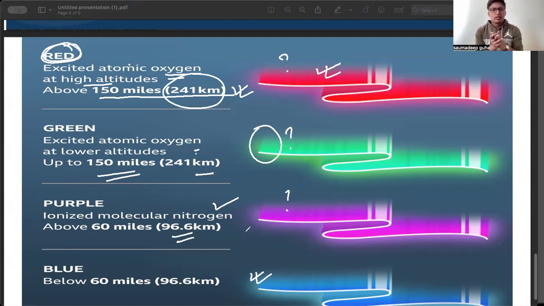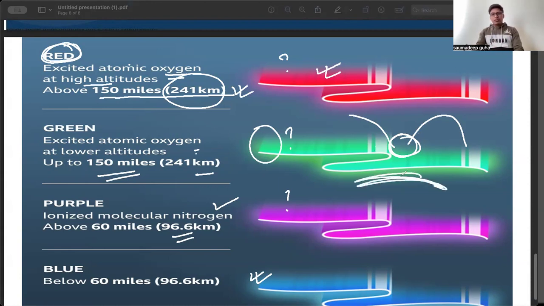So again, how can we conclude this phenomena? Due to the shape and structure of the magnetic field lines, there lies some gap within the poles through which the solar flares, the charged particles, seep inside the atmosphere.